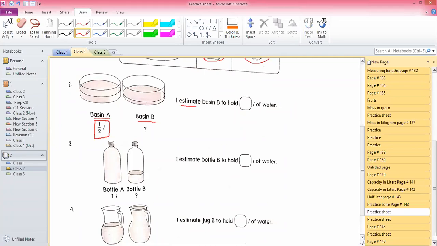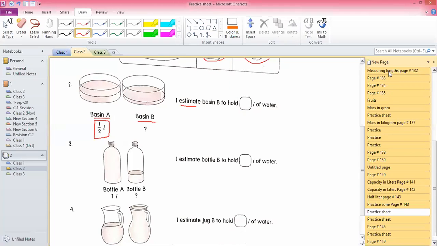By looking at it, you have to predict how much water it could be. So look, this is half and this is less than that. Basin B looks like half of basin A. So you estimate basin B to hold dash liter of water.